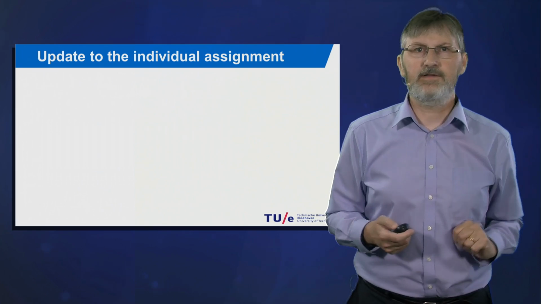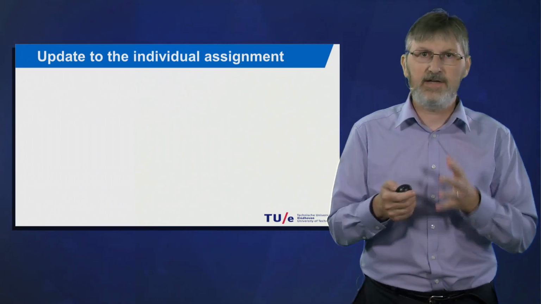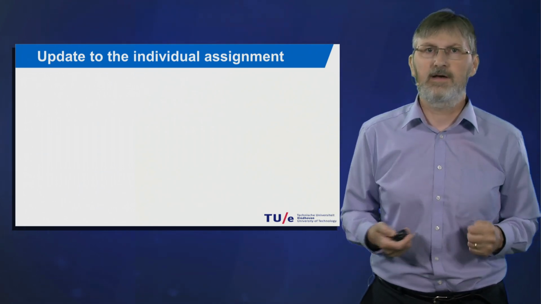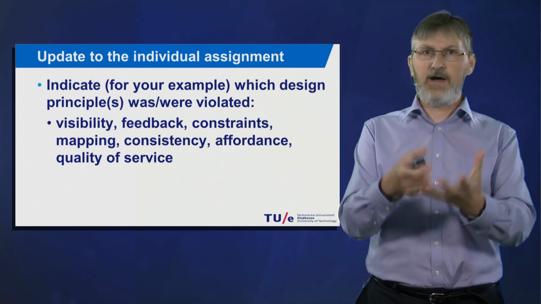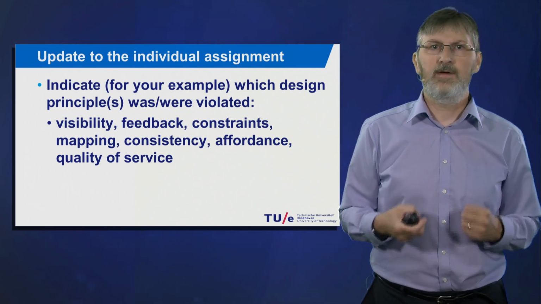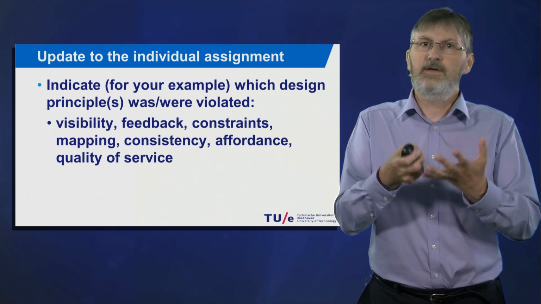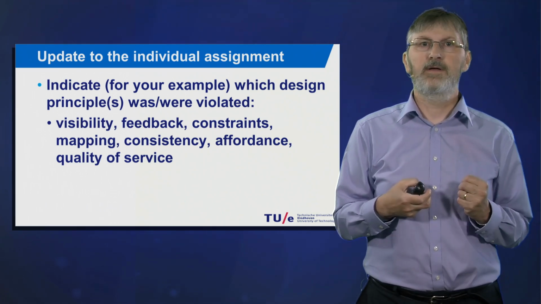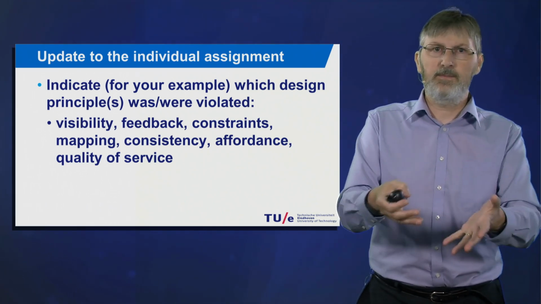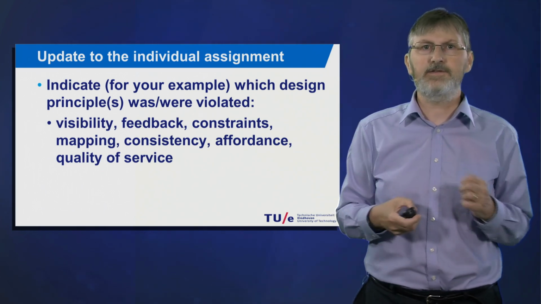Now that we've studied these principles, we can update our individual assignment that we made in the introductory lectures. So we found an example in our environment where some design principle was violated. But until this lecture, we couldn't name the problem. You found a problem maybe because of visibility. Maybe it was an inconsistency.